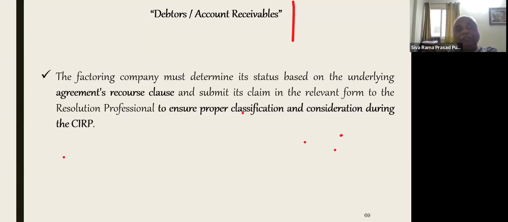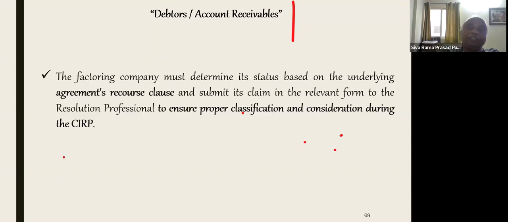Whatever the agreement is, whether it is with recourse or without recourse. Why are we discussing this? A number of corporate debtors are availing factoring services.